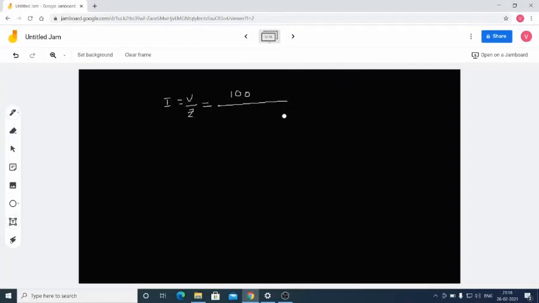So what is A plus B? A is given as 3 plus j5, and B is 8 minus j6.